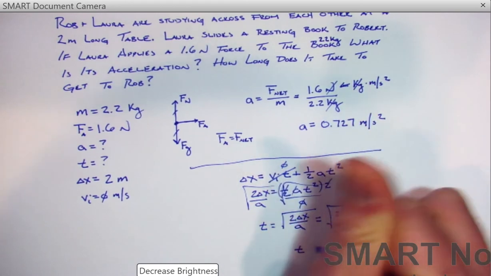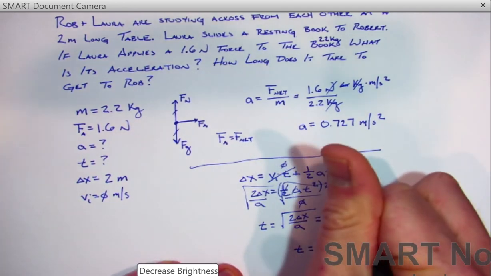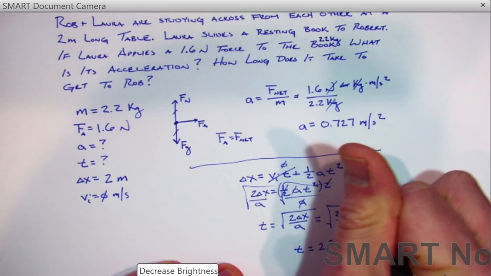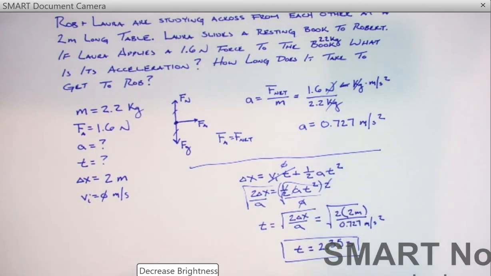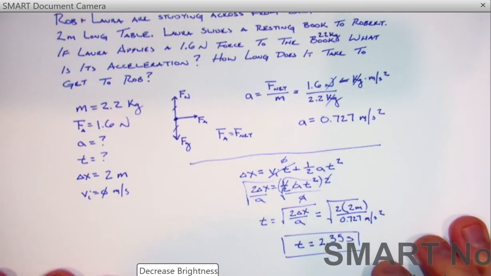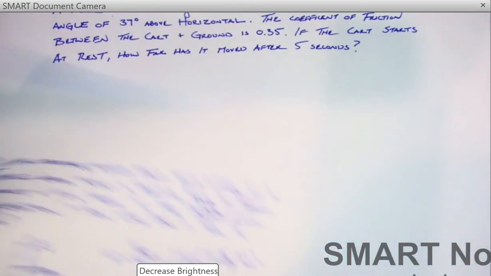So the time will be 4 divided by 0.727, and then I'm going to square root that, which gives me 2.35 seconds. So it looks like it's going to take 2.35 seconds to get across the table. Okay, so easy problem done.